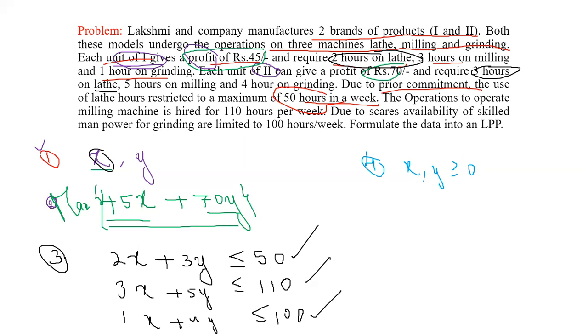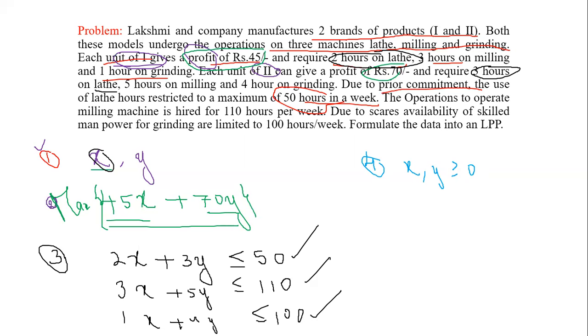So like that, any information you can convert into such mathematical equations. Now look at the equations. Your objective function and all constraints are linear equations or inequations, because x is to the power 1 and y is to the power 1 in all cases. Therefore, this type of problem is called a linear programming problem. It is the fundamental concept in optimization.